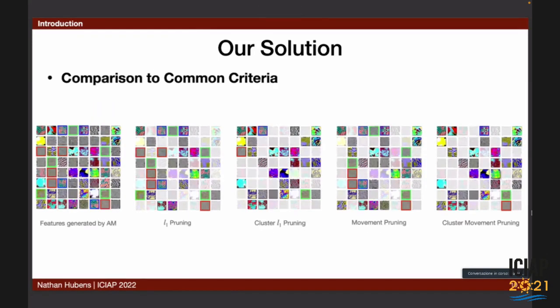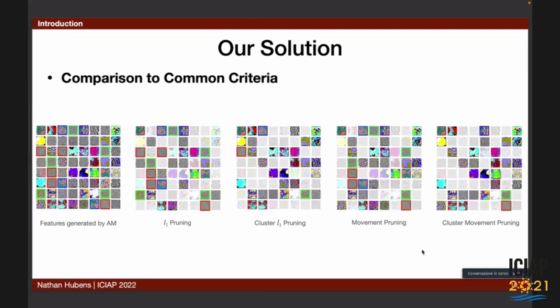Here is a qualitative comparison of the criteria L1 norm and movement with and without the addition of our clustering technique. I don't know if you can clearly see, but I have highlighted in red, green, and blue the most present clusters of features. And as you can see, in L1 norm and movement, a lot of redundant filters are kept, which is not the case when using the clustering beforehand.